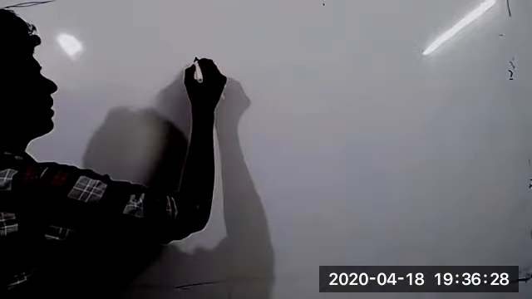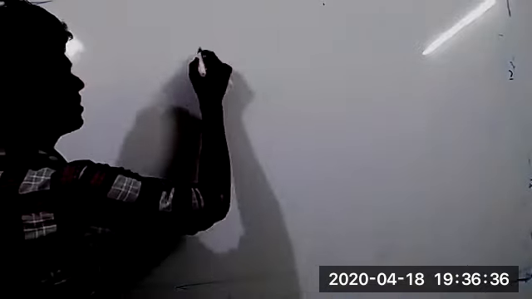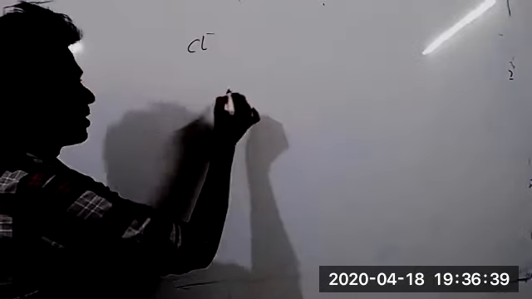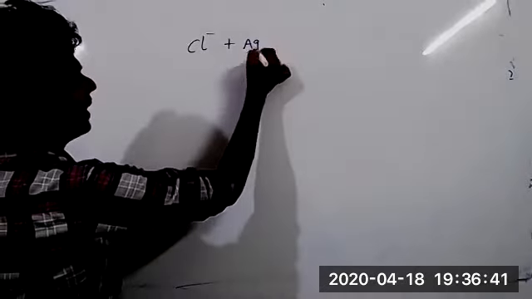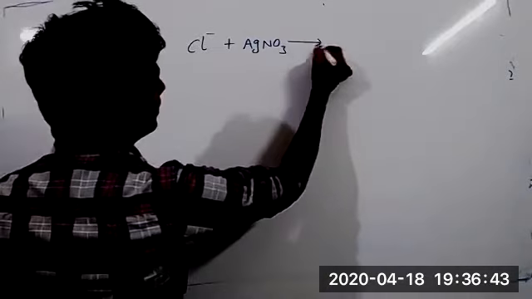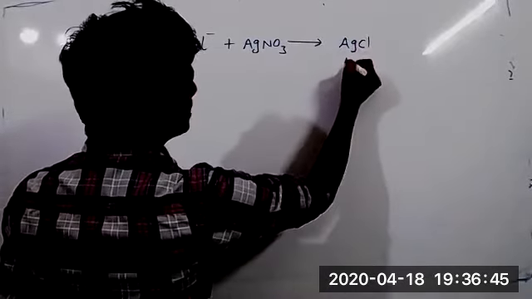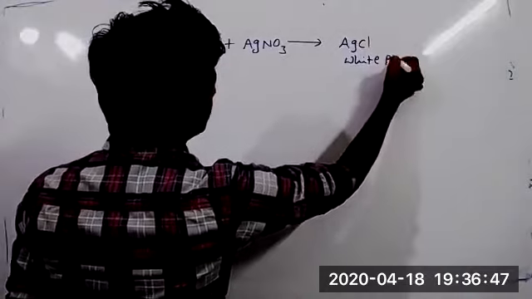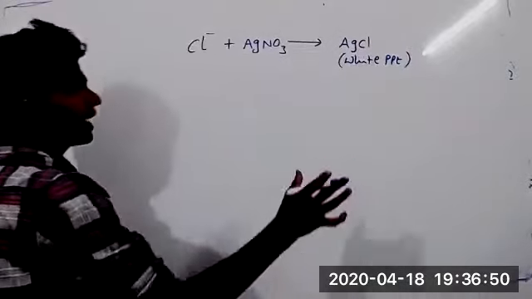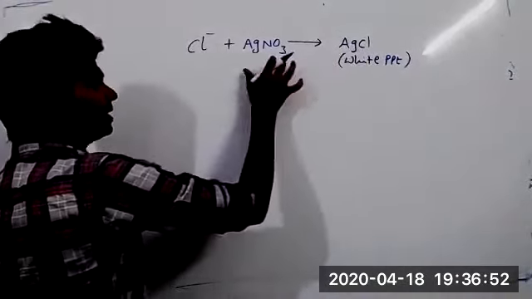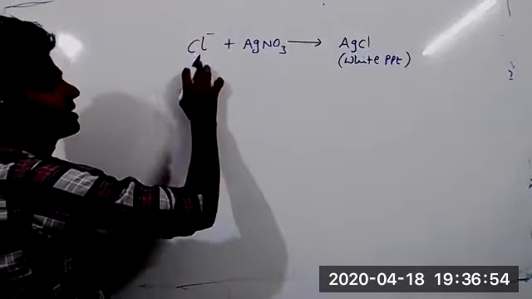Before the 58th question, I think you already know this reaction, you did it in practicals also. The presence of halogen in a given salt or compound, we find with the help of silver nitrate. Suppose a solution has chloride ion; when treated with silver nitrate, it gives AgCl, a white precipitate. If we get a white precipitate during the reaction, there must be Cl minus ion.